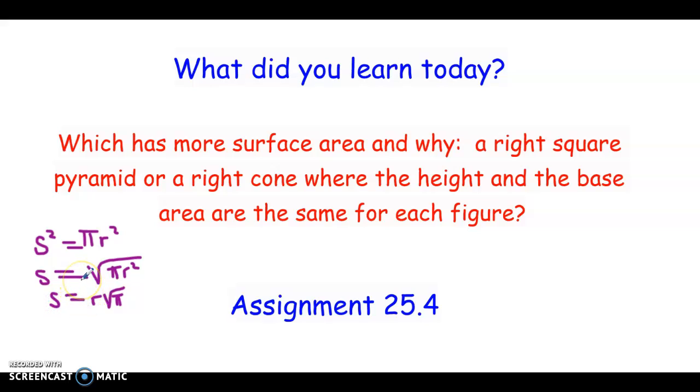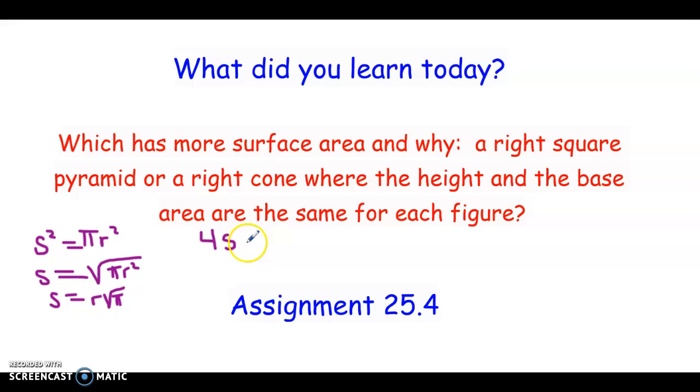So now if I want to look at the surface area, remember surface area will have to do with the perimeter of the base. So if we look at the perimeter of a square, it's just 4 times the side length.